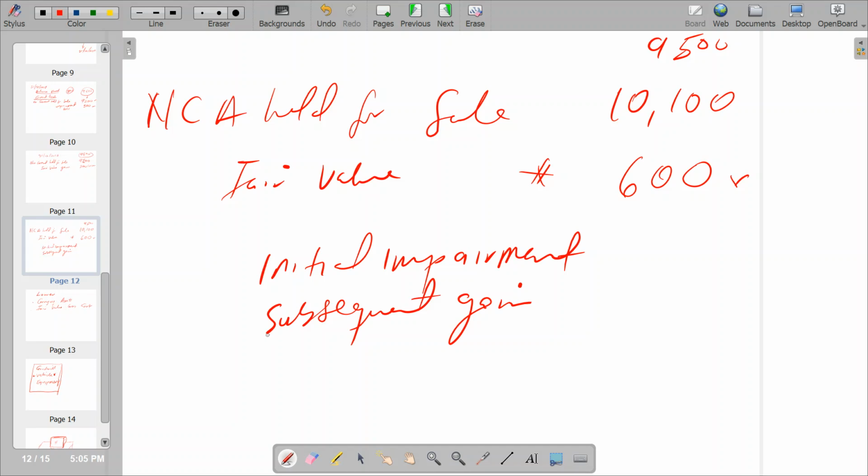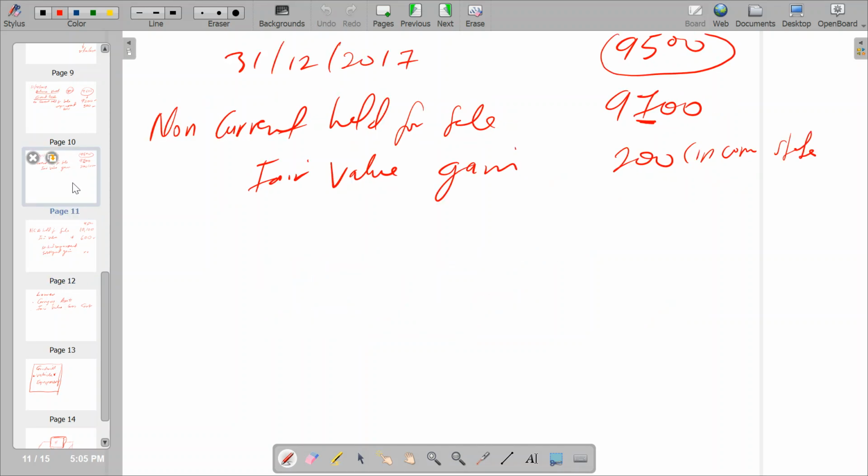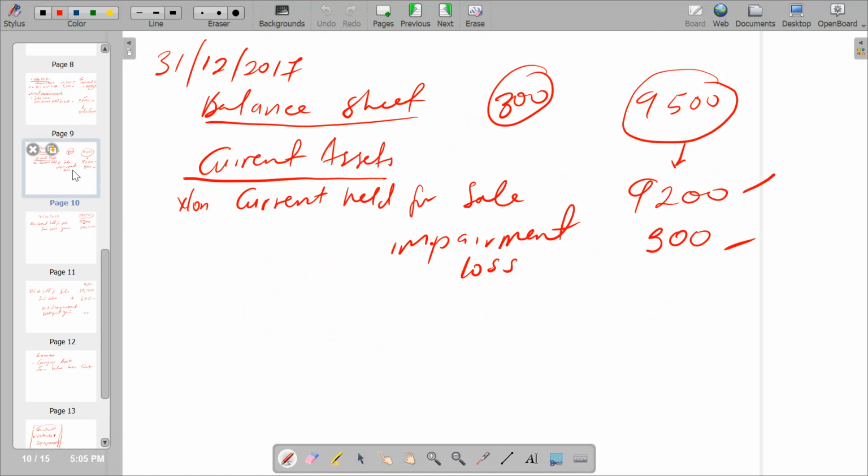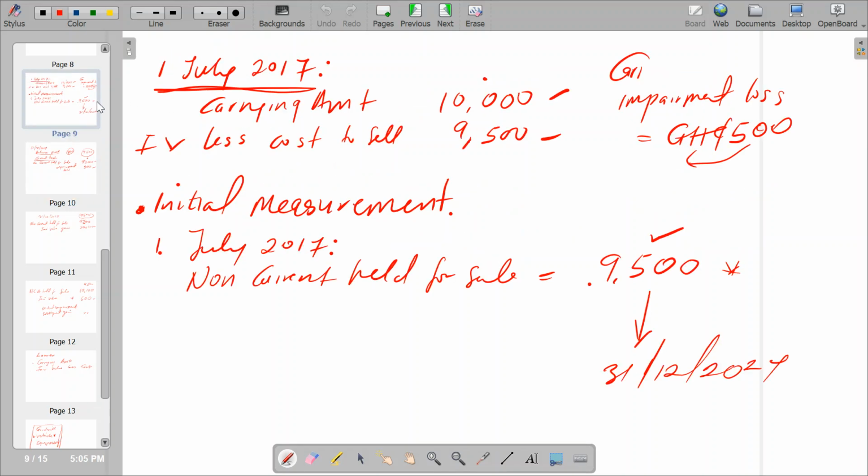The issue is that any subsequent gain should not exceed the initial impairment loss. Any subsequent gain on the asset held for sale should not exceed the initial impairment loss. So the initial impairment loss was how much? When we initially recognized the assets, what was the initial impairment loss? It was 500.